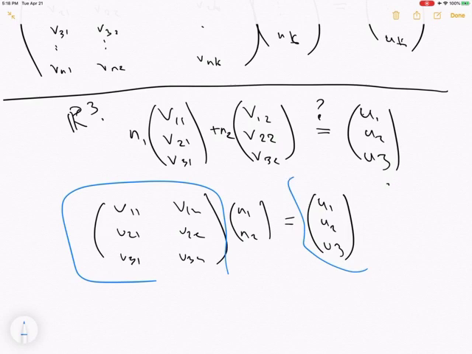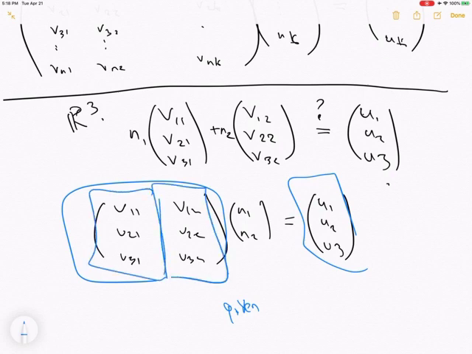You'll be given the set of vectors, these two vectors, and you're asking if you can combine them to get some specified third vector. In order to do that, you have to figure out what the proper coefficients are. The coefficients here are the n's, and so your goal would be to solve this matrix equation for the red matrix.